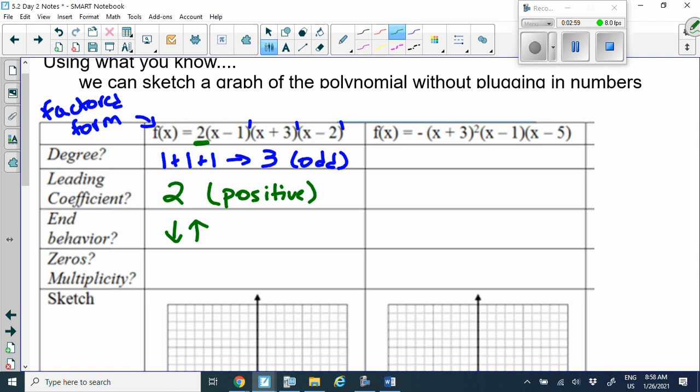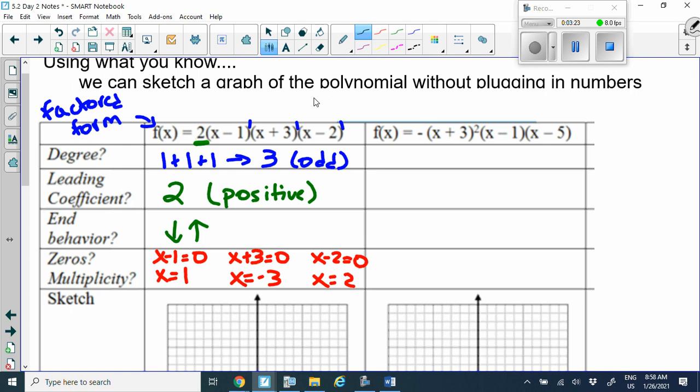Okay. Now let's talk about the zeros and their multiplicity. So remember, to find zeros, we set the factors equal to 0. So I have x minus 1 equals 0, and then I have x plus 3, and then x minus 2. So I solve, and I get x equals 1, x equals negative 3, and x equals 2.